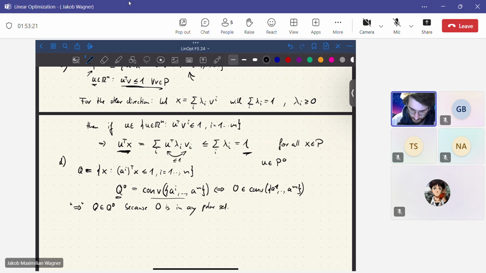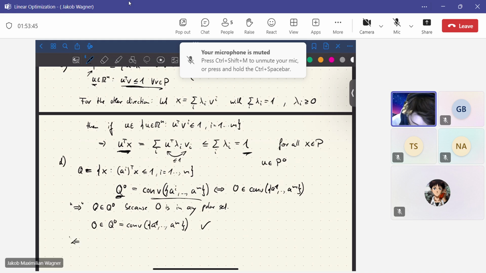And so if we can write this polar set as this convex combination, this means that 0 is in the polar set which satisfies this. That we can write this as this convex hull, and so we have nothing to do.